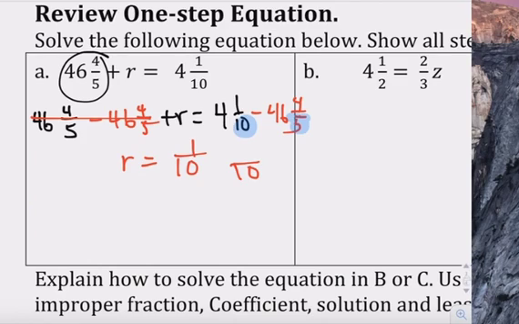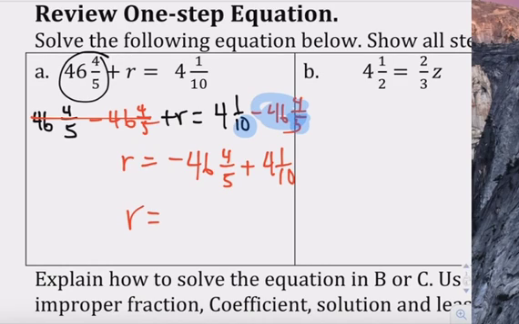Okay, I'm going to write it this way. Because this one is a bigger number, I'm going to write that on top. Negative 46 and 4/5 plus 4 and 1/10. Bigger one always goes on top.